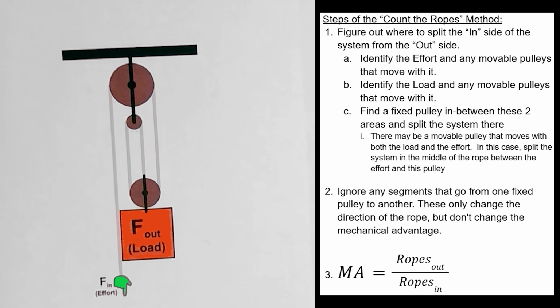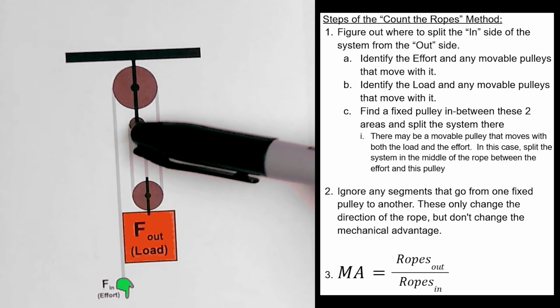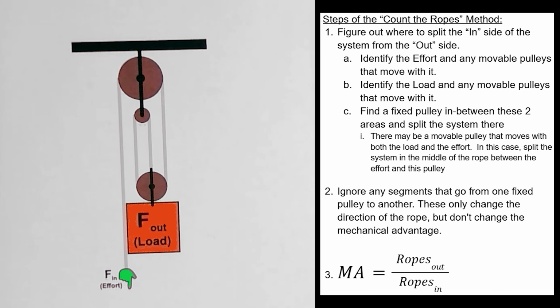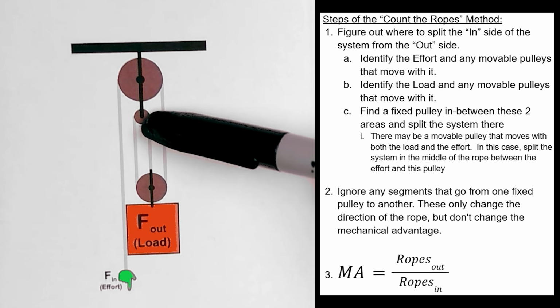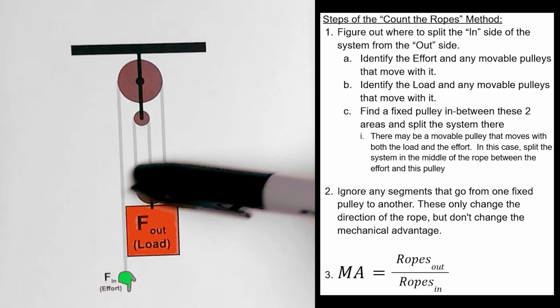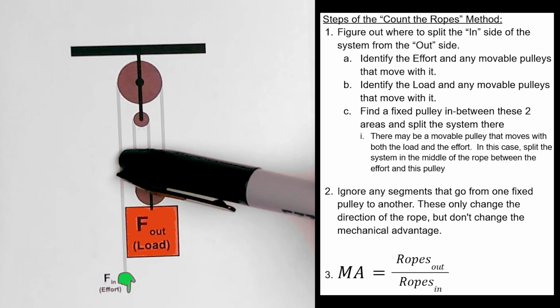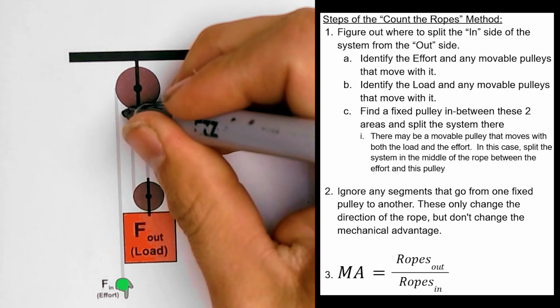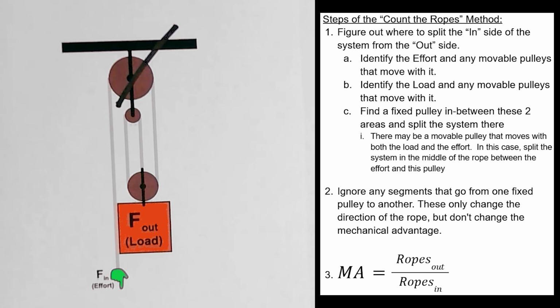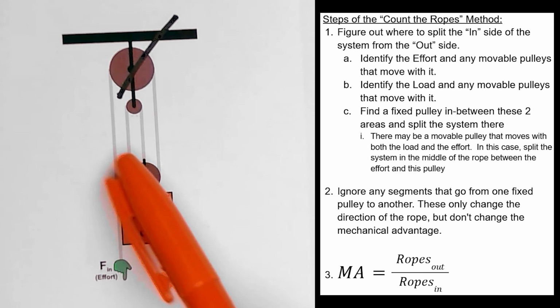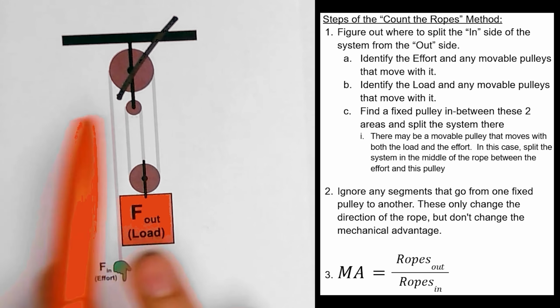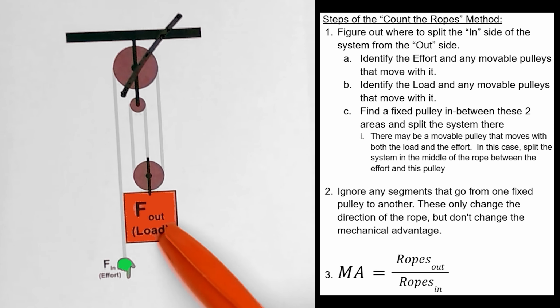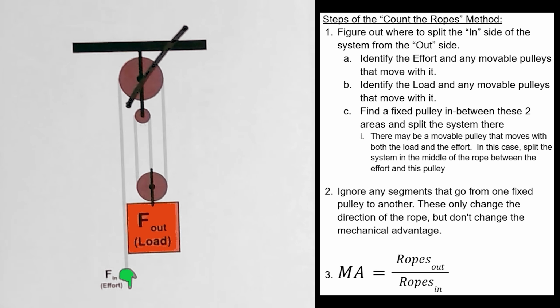So we've got two fixed pulleys now. We've got this little one, but that isn't really in between the areas because we've got things going on with the load and the movable pulley on both sides of it. This one, however, if we split it here, which we're going to, then we have both of these going to the movable pulley on one side of the split, which is the same side as the load, and then everything else on the other side.